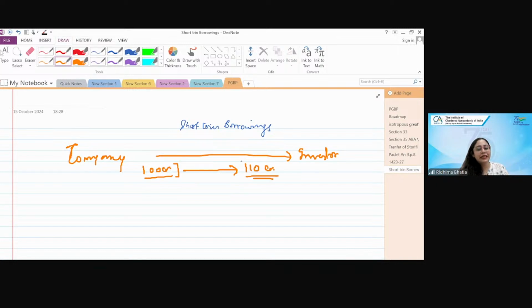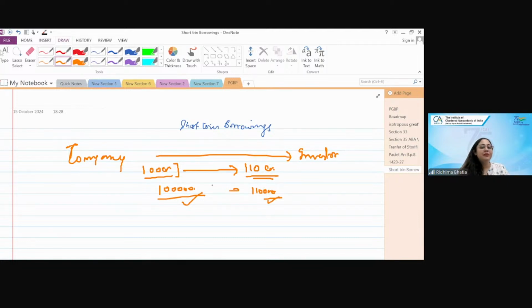Say each bond is of 1 lakh rupees, okay? Each bond is of 1 lakh rupees. At the time of payment, they'll get 1,10,000 rupees. So this is called issuing the bond at a discount and redeeming it at par.